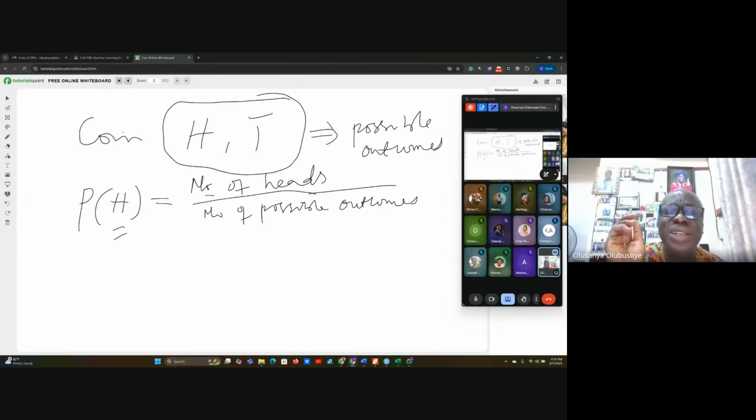That's how probability is defined. And since we have in that possible outcomes only one head favorable, you have one out of how many possible outcomes? Out of 2. So this is 0.5, or if you like, you can say 50% chance of a head appearing.